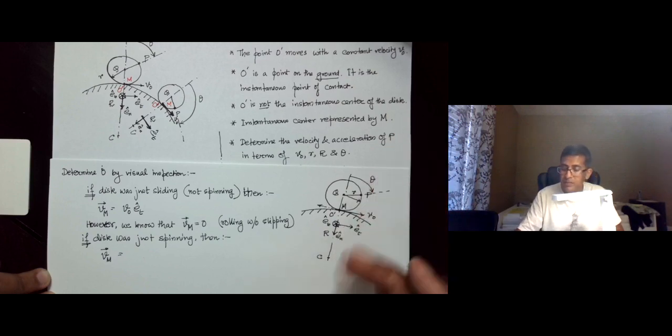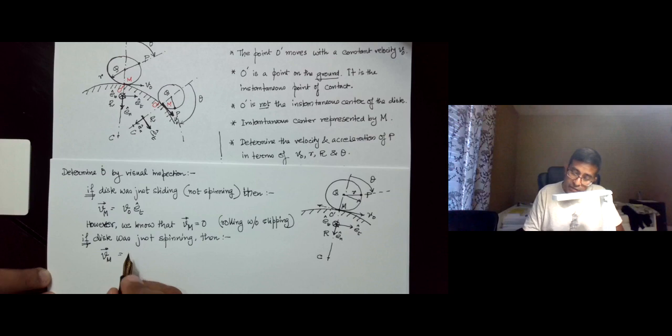If it is just spinning, then this direction is not changing. So this direction suddenly becomes a fixed direction if the disk is just spinning. So in that case, the velocity of the point M would have been theta dot times r, and it would have been still in the ET direction but with a negative sign. So it would have been negative theta dot r ET.